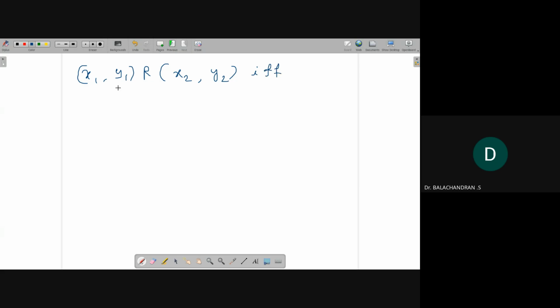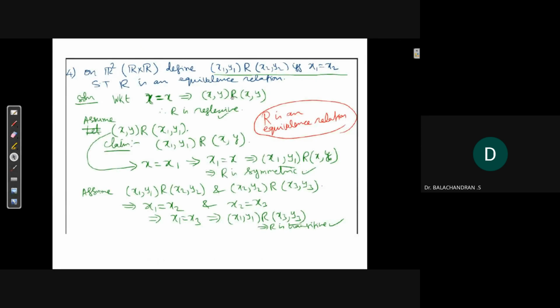But here there is no role for y1 and y2 actually. So x1 equals x2. So this is a relation. Show that R is an equivalence relation.